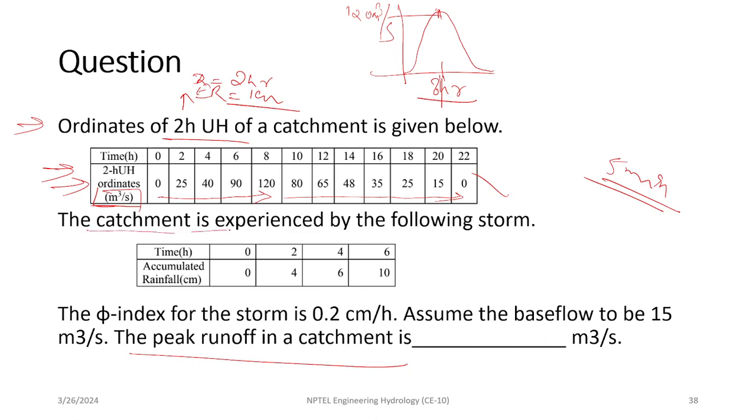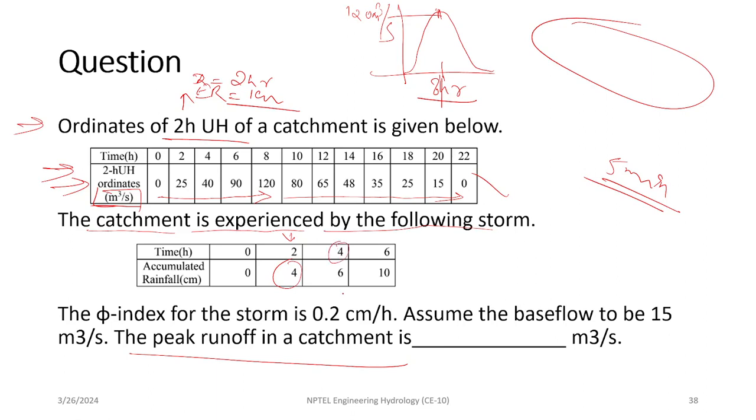Now see, the question is saying that this same catchment is experiencing different storms. Different storm in the sense what? At 2R you have an accumulated rainfall of, you can say, 4 centimeter.